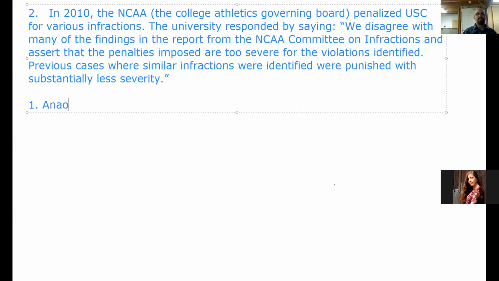Step one is still the same. You identify the analogs. What's being compared? USC's infractions and penalty. And those are being contrasted or compared with other past instances of infractions and penalties.